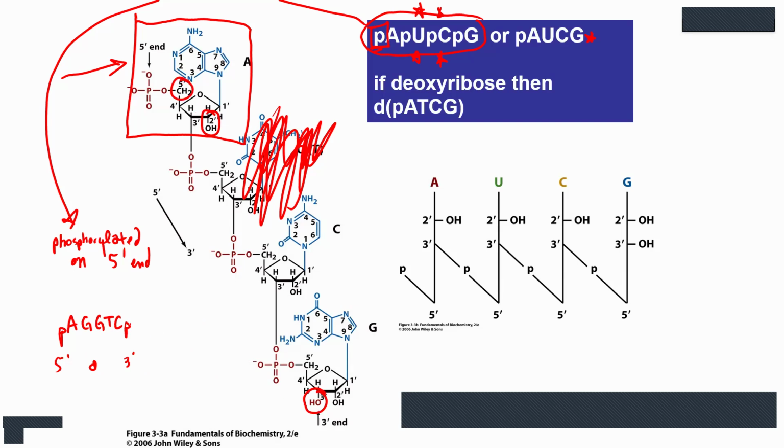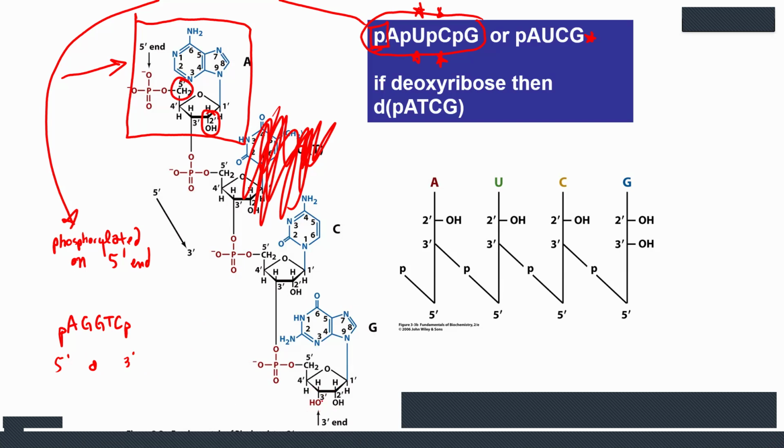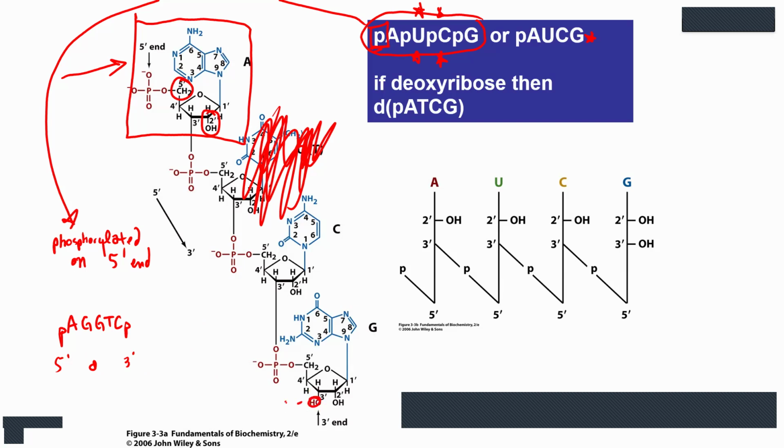If we show that lowercase p, that indicates that rather than an OH here, we have an O, P, O, O, O. So then if I were to show you something like this, A, G, G, C, P, this molecule is 3 prime only. And then if I were to say A, G, A, this is not on the 5 prime nor the 3 prime end.